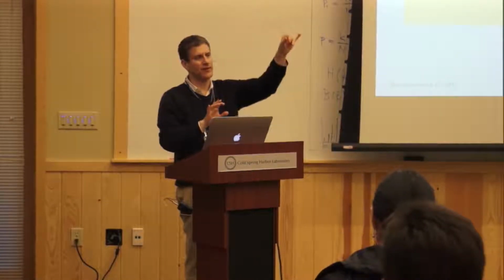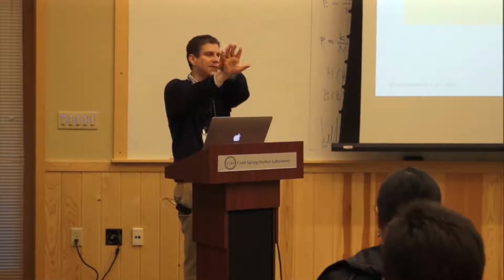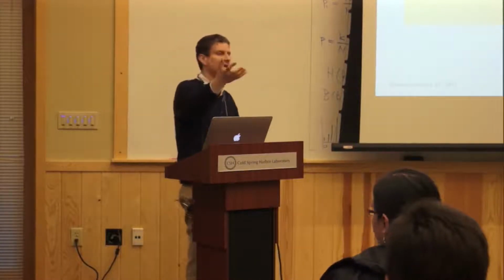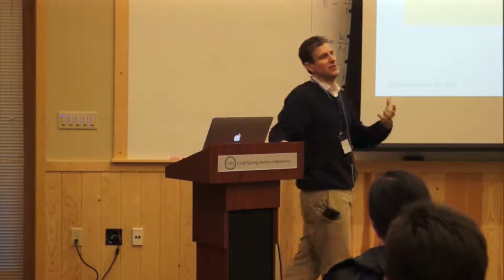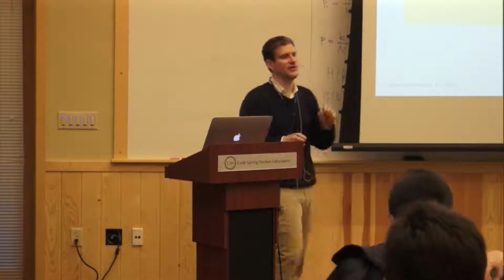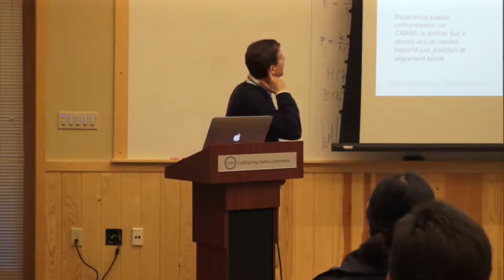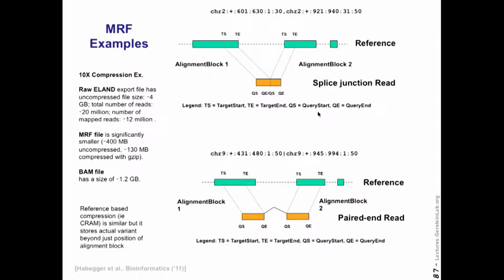One has the actual variants, and the other, it's just really simple, has where the read maps. And you can separate the two in a very principled way and just give a person this first file, which gives them most of the information they need to interpret a functional genomics experiment without touching the variants, which is key.